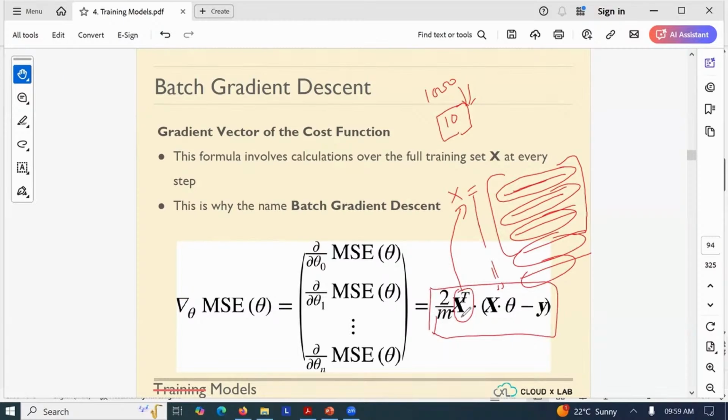Since we are doing operations using matrices, because X is a matrix and Y is a vector, these multiplication operations we can perform in parallel, right? For example, when you multiply two matrices, we take one row and one column and multiply them to get one value.